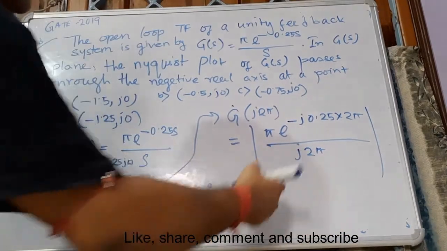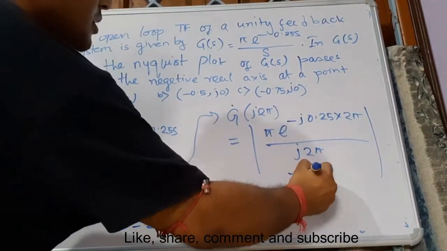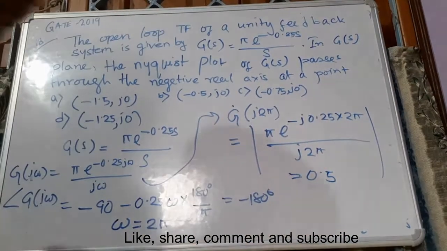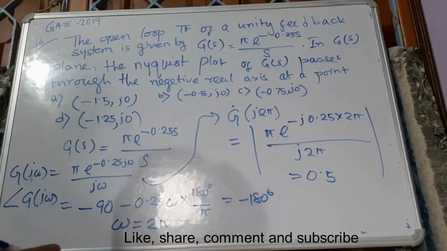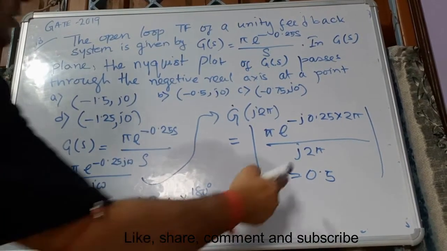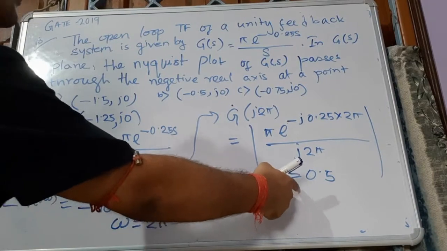If we take the magnitude, this will be 0.5. So this is the magnitude.